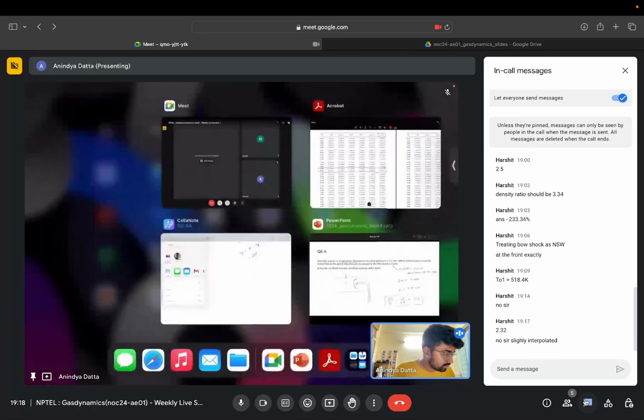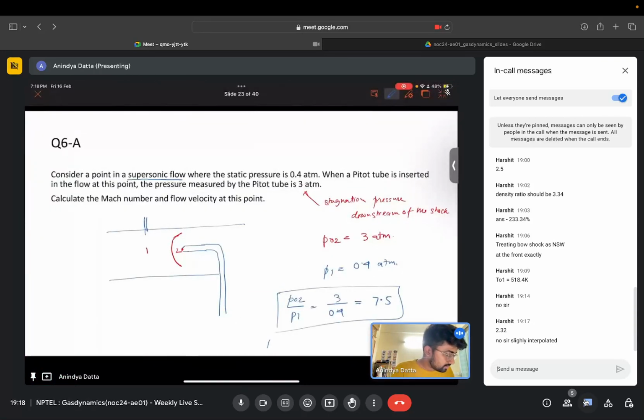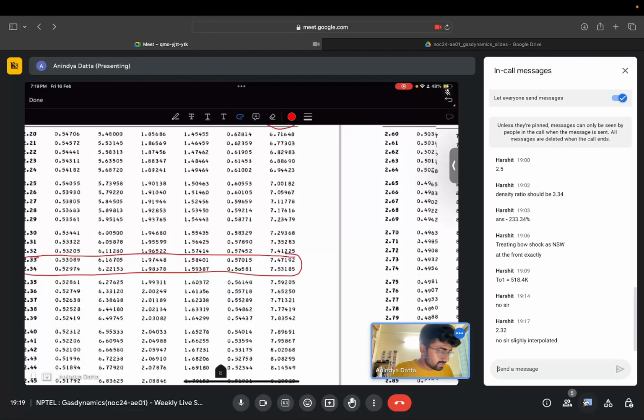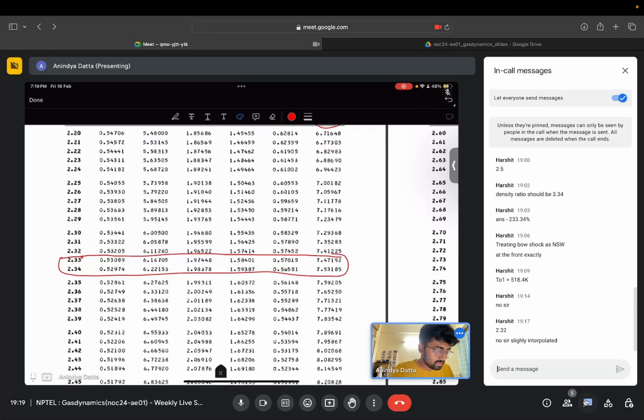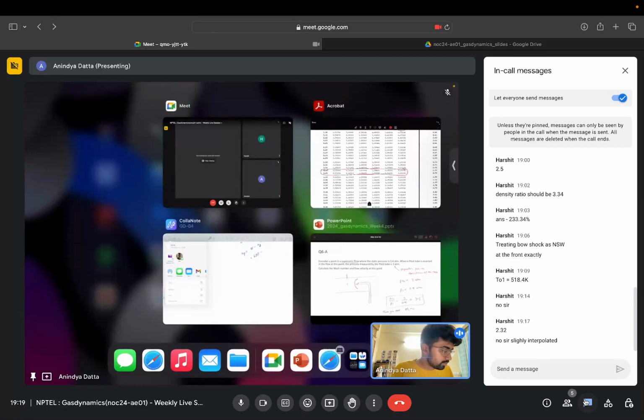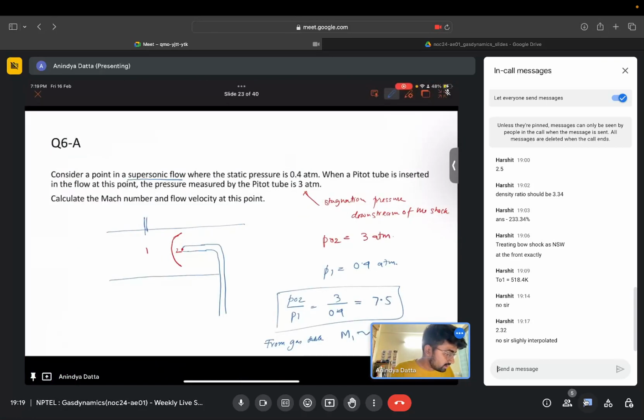So from the gas table, the approximate value of M1 we are getting, with some slight approximation, lies between 2.33 and 2.34; let's assume it's 2.335. So this is our upstream Mach number.